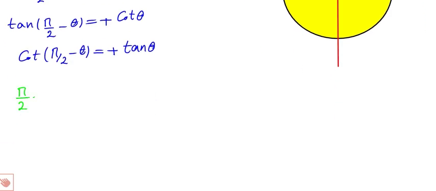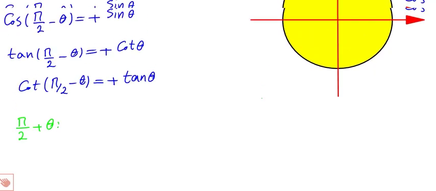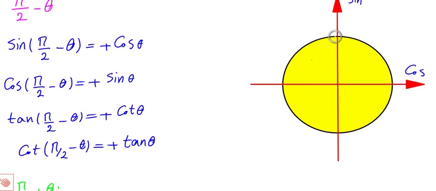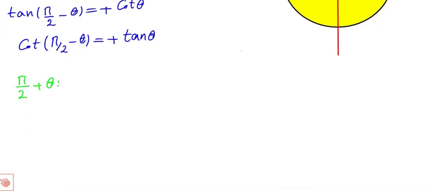Pi over 2 plus theta is in the second quadrant. So in the second quadrant, sine of pi over 2 plus theta is positive cosine of theta, because sine in the second quadrant is positive.